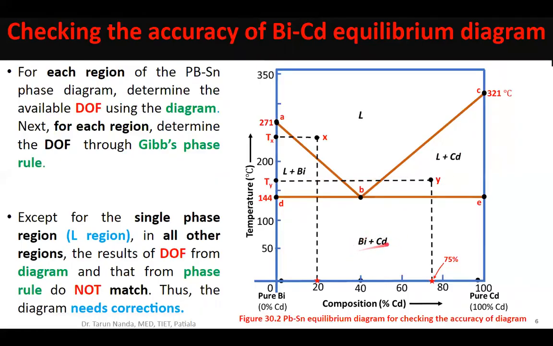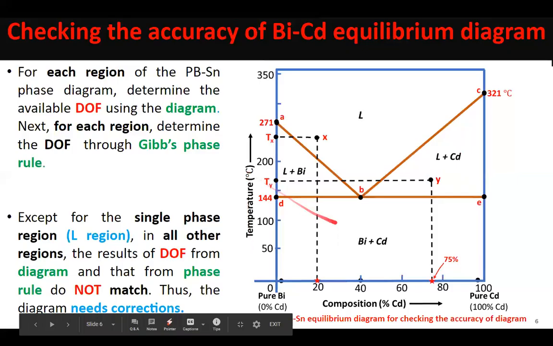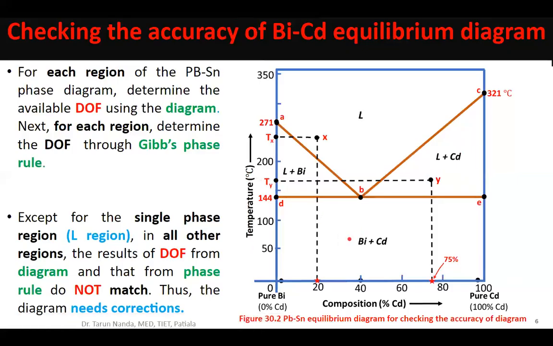See, when you are here, what is the diagram telling you? The diagram is telling you that suppose you are over here, with change in temperature, existing phases would not change. So that means temperature is a degree of freedom. But then it says that if you go from an existing temperature to a newer temperature, for every different temperature, the existing phases do not change their chemical composition.